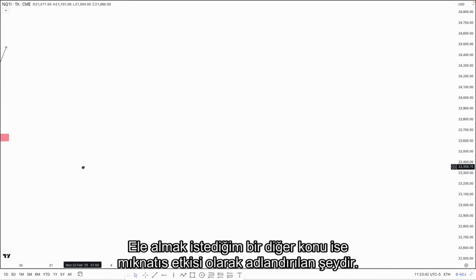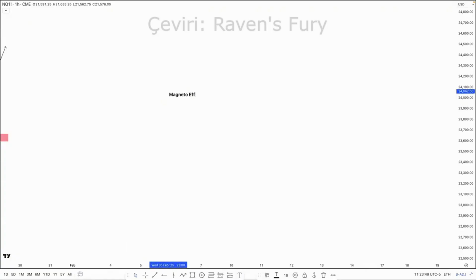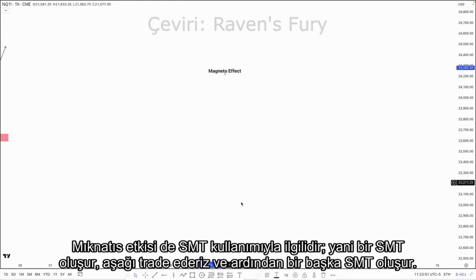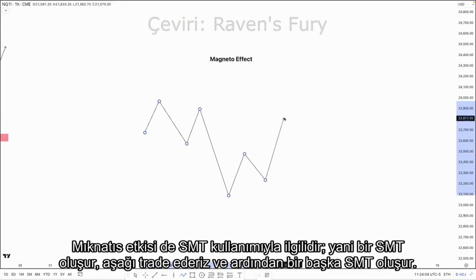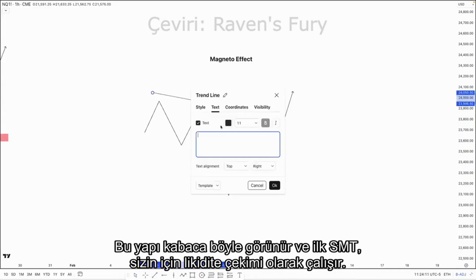One more thing I want to cover is something called the magneto effect. Okay, and the magneto effect is using SMT. Okay, so we may have an SMT, and we trade lower, and we form another SMT. So it will look something like this.